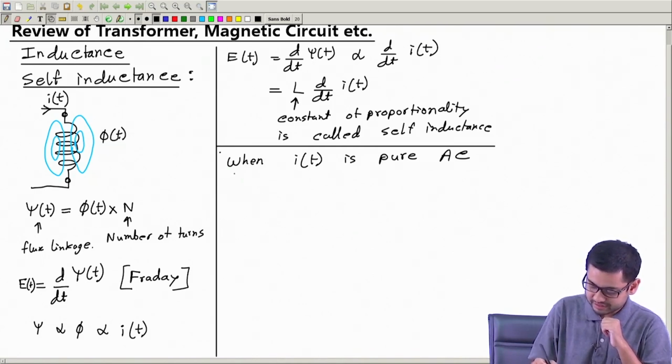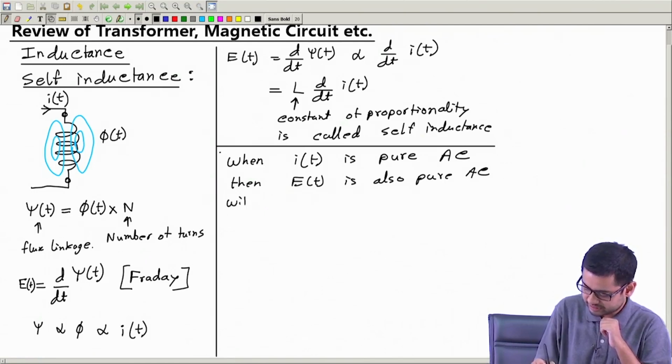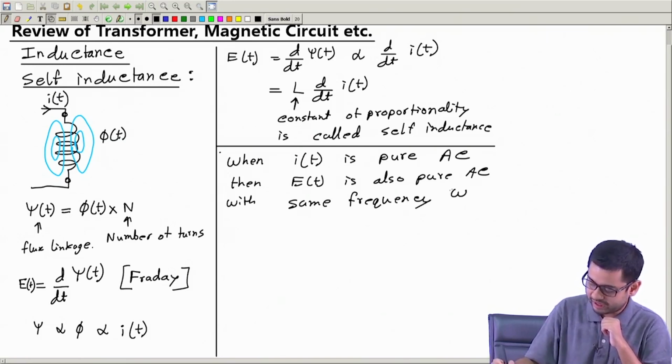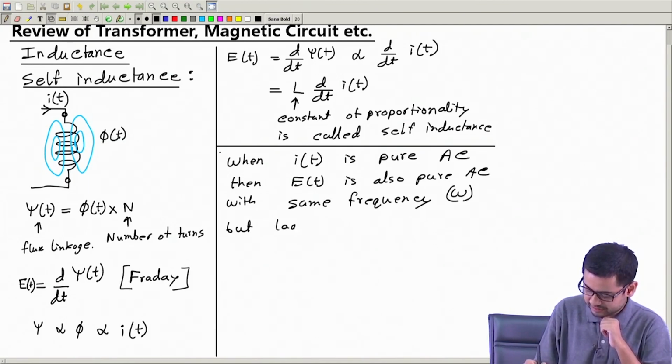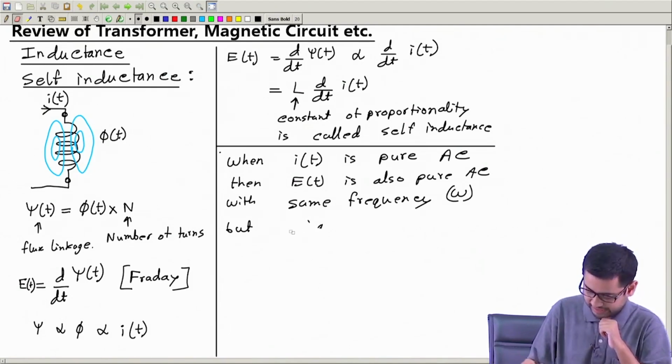Then e(t) is also pure AC with the same frequency omega, but lagging or leading, that will actually depend on the convention.